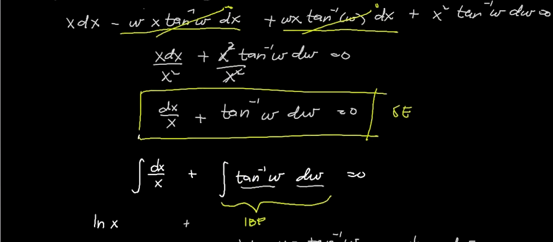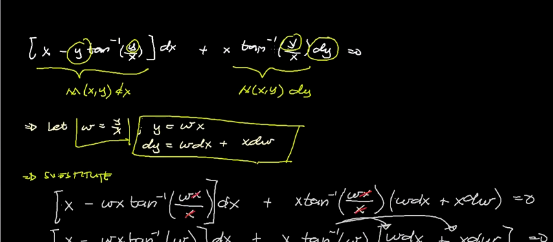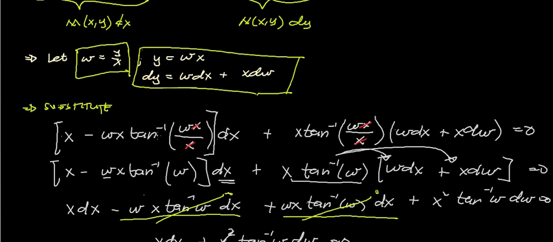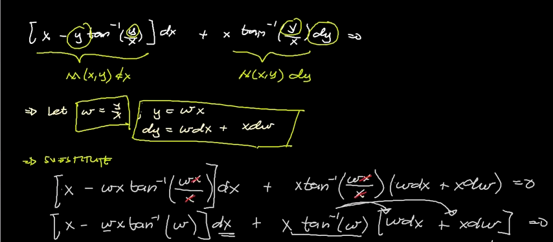Okay, so let's review once again. We have this equation, but we cannot solve it using the separable equation method. So we do the substitution of the variable w, and then we substitute it into our main differential equation.